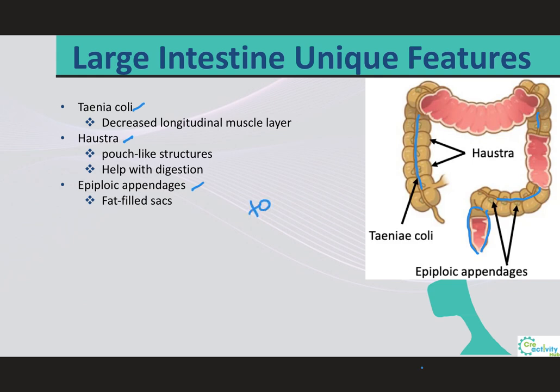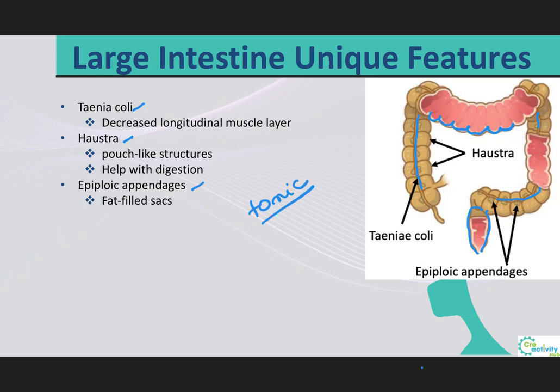Tonic contraction, which means these sustained contractions that maintain a continual muscular tension of the teniae coli, will bunch up the colon into a succession of pouches that are called haustra. If you're talking about just one pouch, you refer to it as a haustrum.